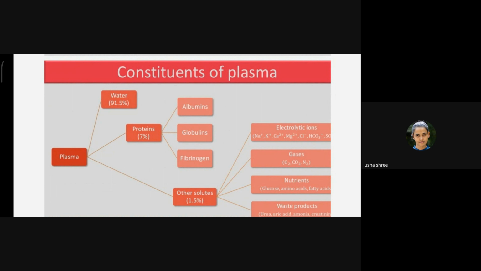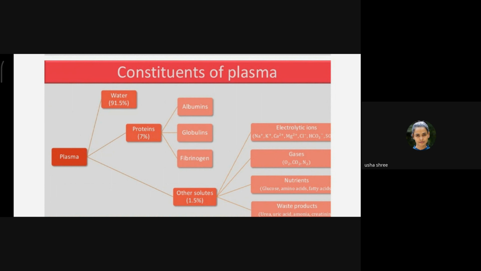So the rest is 1.5. The remaining 1.5% contains electrolyte ions like sodium, potassium, calcium, magnesium, all these ions, and gases that are oxygen, carbon dioxide, and nitrogen. And other things are nutrients like glucose, amino acids, fatty acids, mainly the macronutrients.